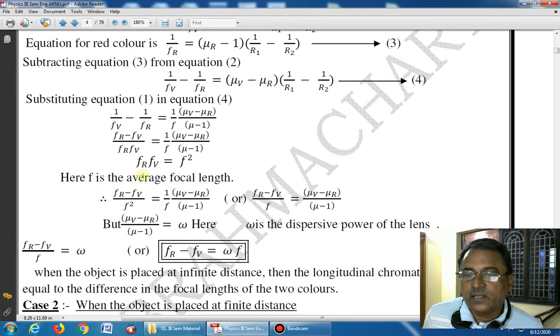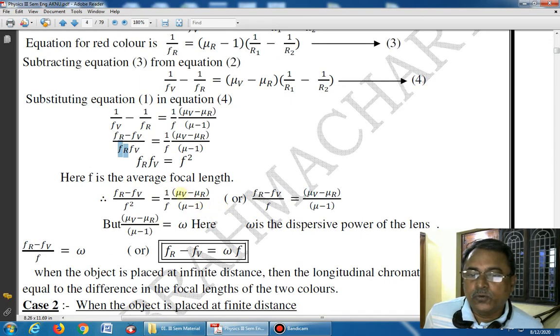So, f r into f v is approximately equal to f square. Then substituting this f square value, we will get f r minus f v by f square is equal to 1 by f into mu v minus mu r by mu minus 1.